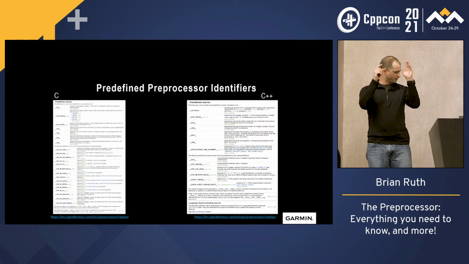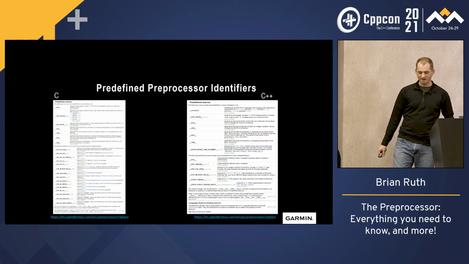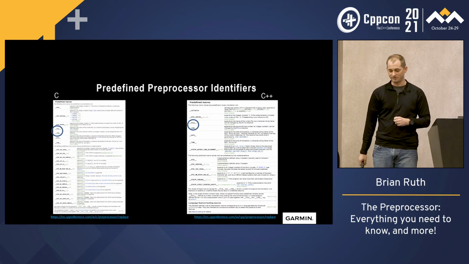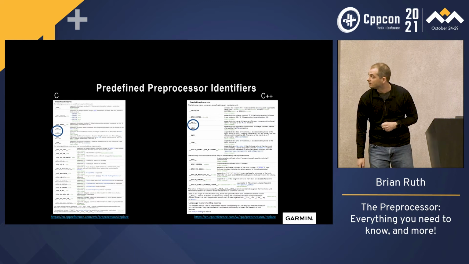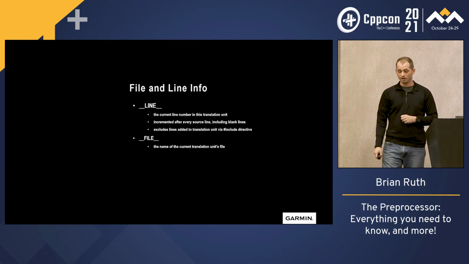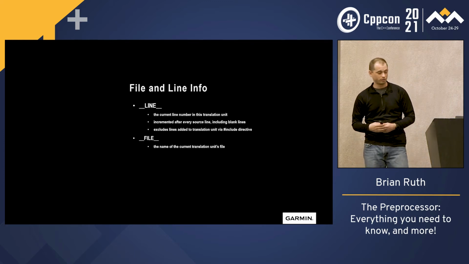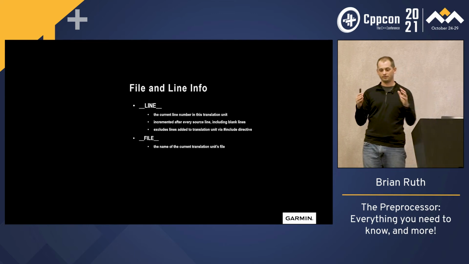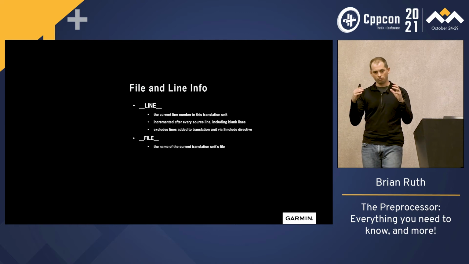This is a big list of predefined preprocessor identifiers. Feel free to peruse them at your leisure. But the two we're going to focus on here are __FILE__ and __LINE__, so file and line info. The line is the current line number in this translation unit that you're working on.